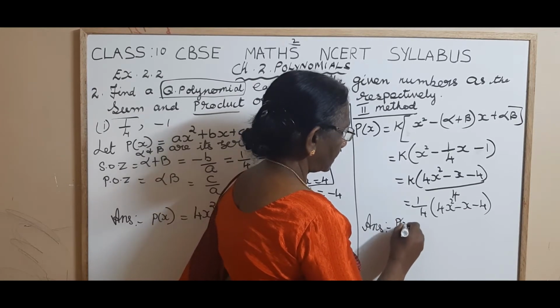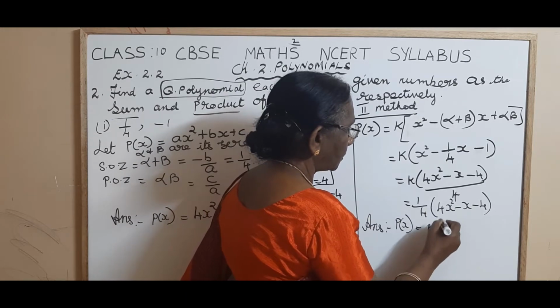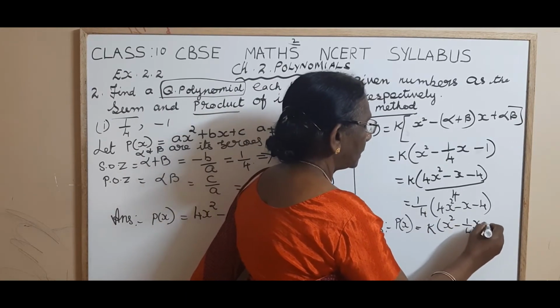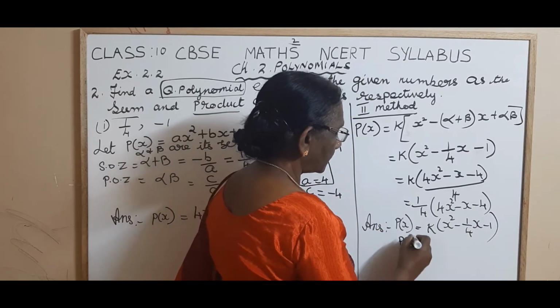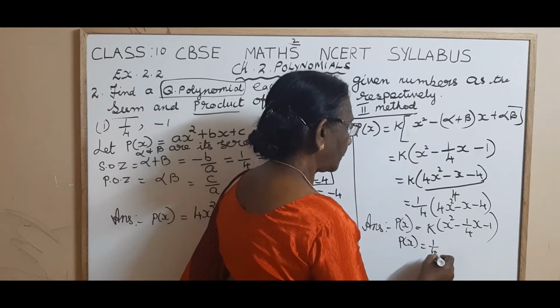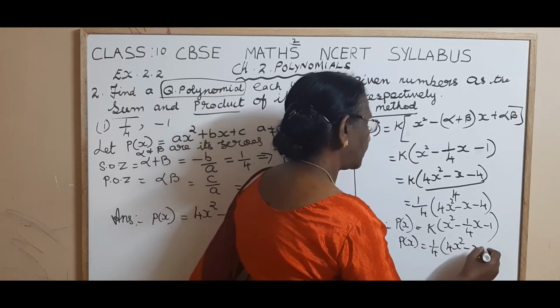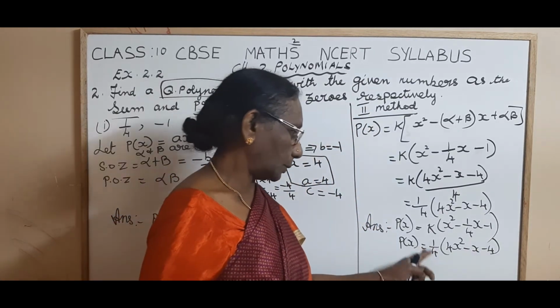So the answer is P of x is equal to, either you can write this as k into x squared minus 1 by 4 x minus 1, or you can write P of x is equal to 1 by 4 into 4x squared minus x minus 4. You may wonder what to do with this 1 by 4.